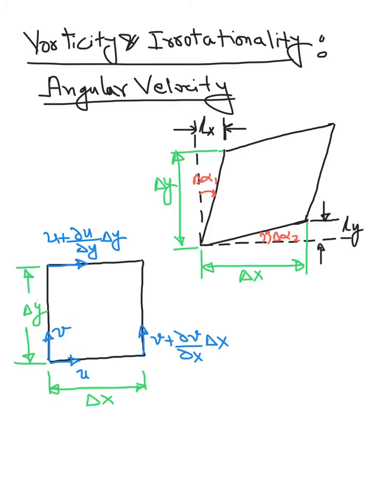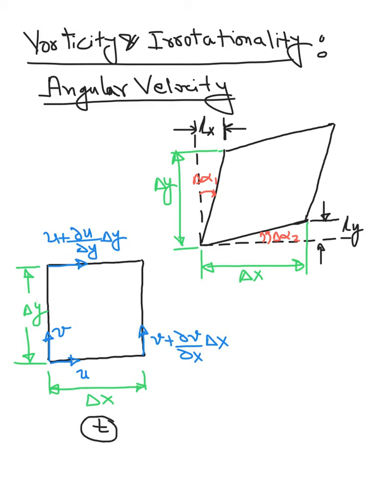Now in order to derive the equation for vorticity, I would like to introduce the concept of angular velocity, and for that purpose consider this analysis. Consider this small rectangular element of fluid at some instant of time t in the flow field.